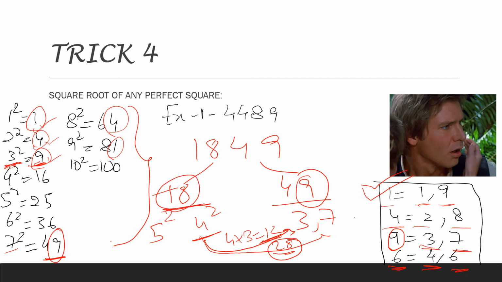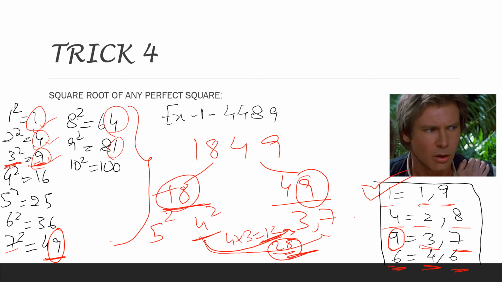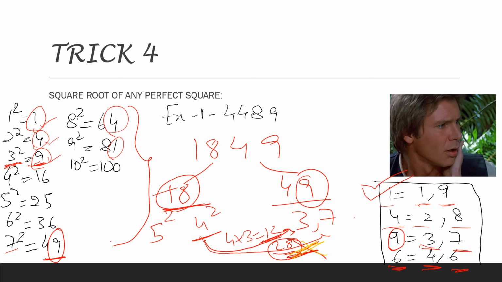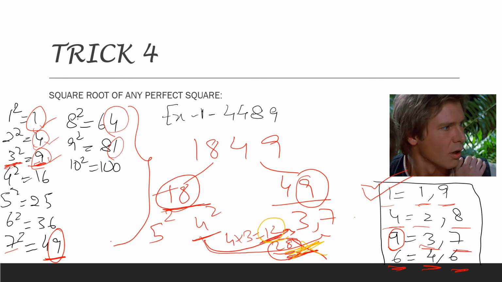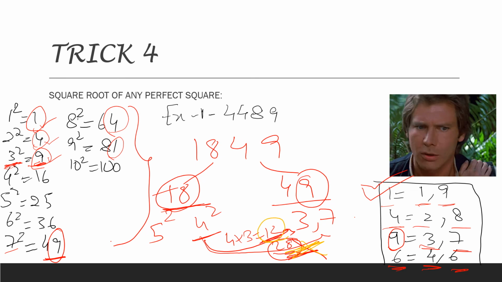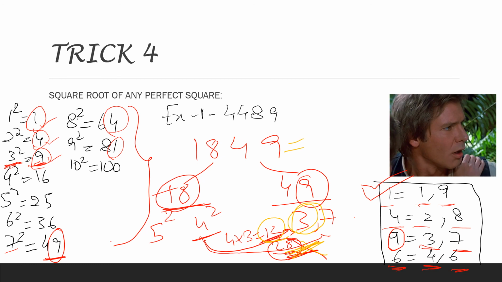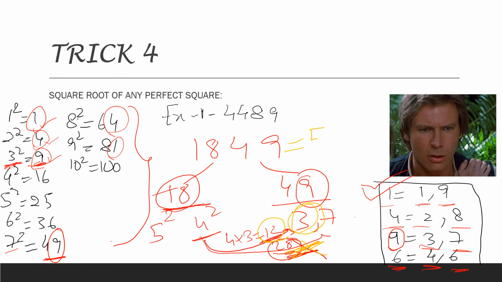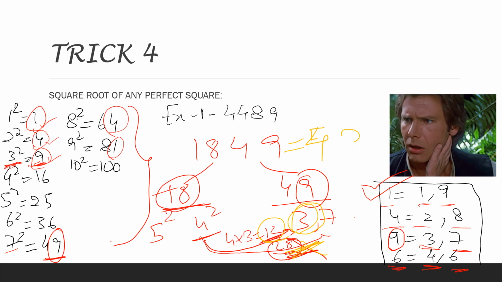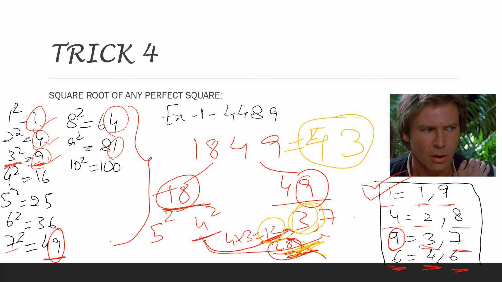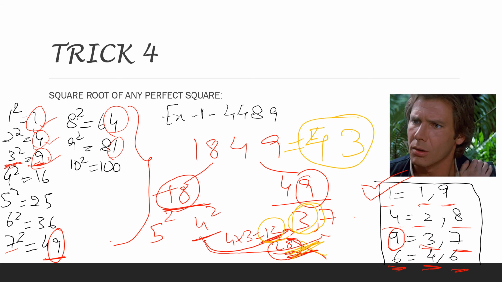As we compare, 28 is bigger, so we are not supposed to take this. We'll take the number 12, which means the number 3. So the square root of this is 43.